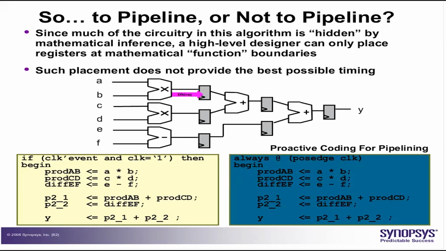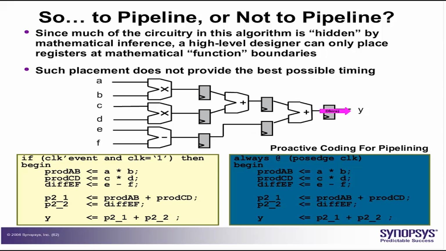This is prod AB. This is prod CD. This is DTF. Now prod AB, prod CD are added and go to P21. DTF goes to P22 directly. Y is equal to P21 plus P22. There is an adder here. P21 plus P22, through a flop, goes to Y.